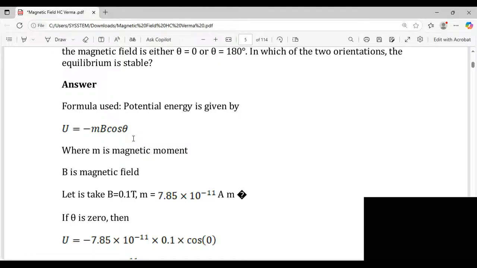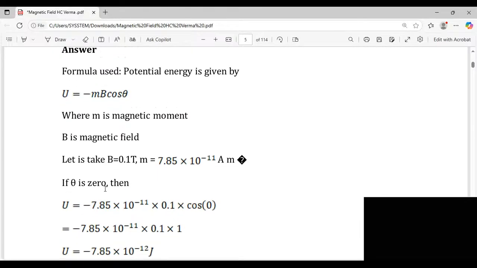Here the formula used is potential energy, generally denoted by capital U, equal to minus m b cos theta, where m is the magnetic moment, b is the magnetic field, and here B equal to 0.1 Tesla, m equal to 7.85 into 10 to the power minus 11 ampere meter squared.